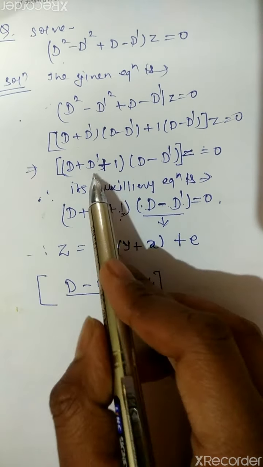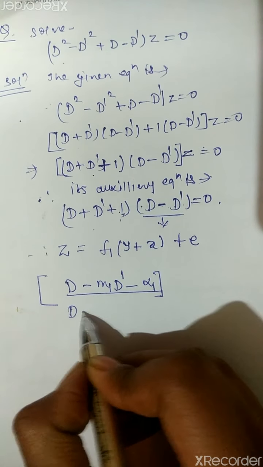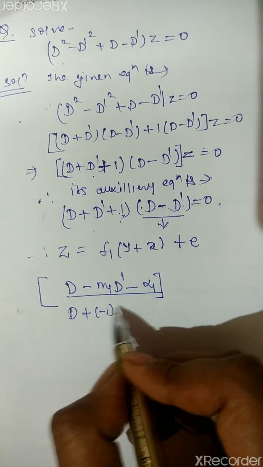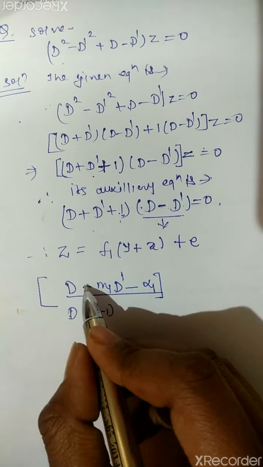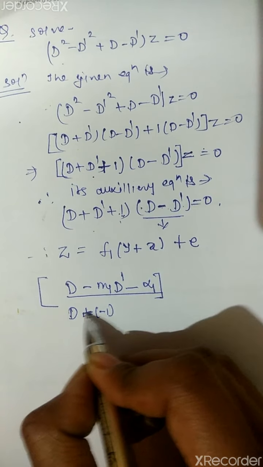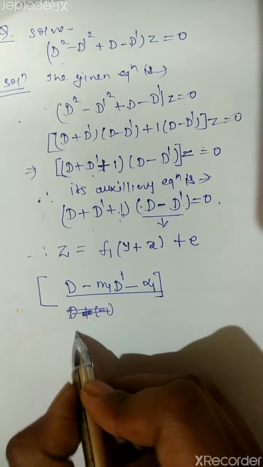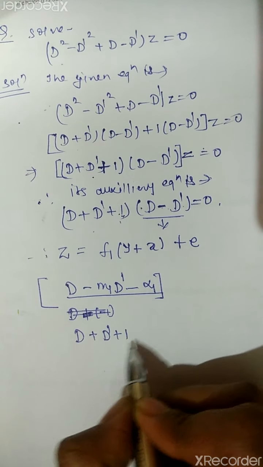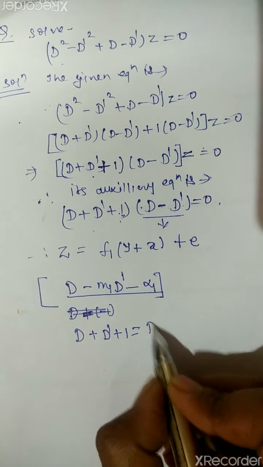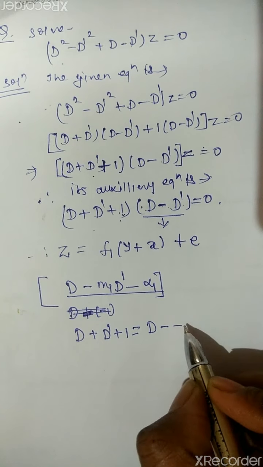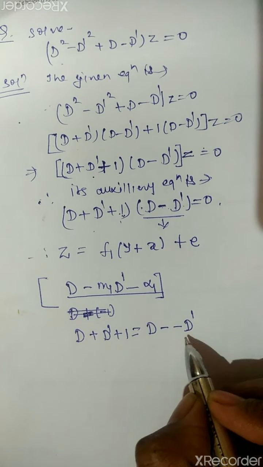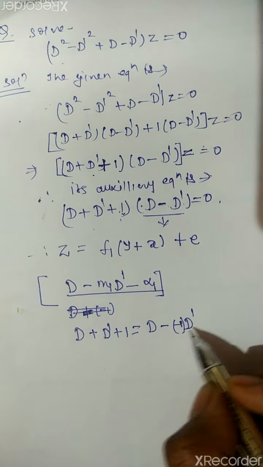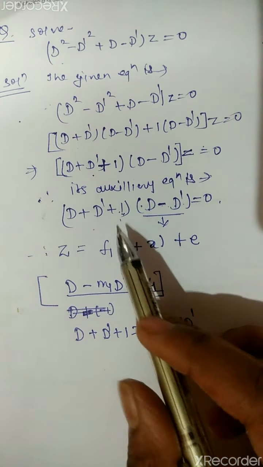But here we see that d plus d dash now, so we will write it like this, minus 1 into minus 1 again. So what we write, minus of d of d plus d dash plus 1 we are getting. So we will write like this, d minus of minus d dash, this one, that is minus 1, and then plus 1 we are having here.